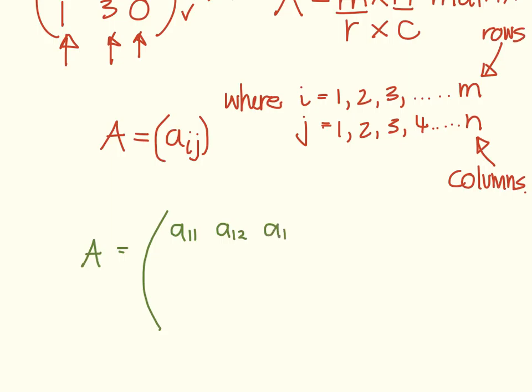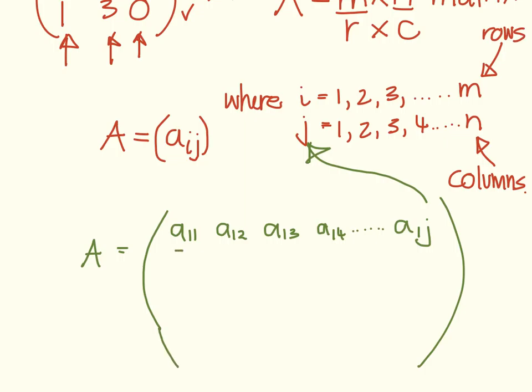First row, third column, A13. First row, fourth column, A14, until we can go A1J, because we have got J columns.